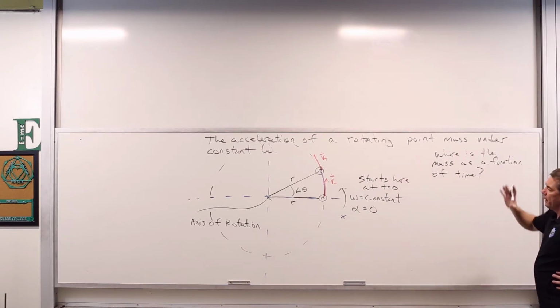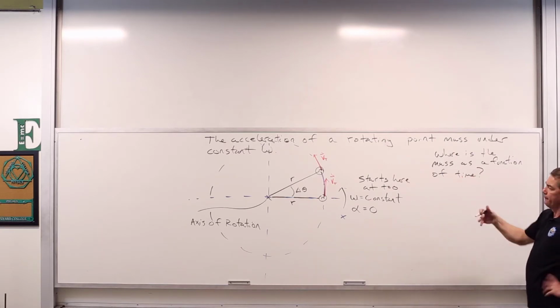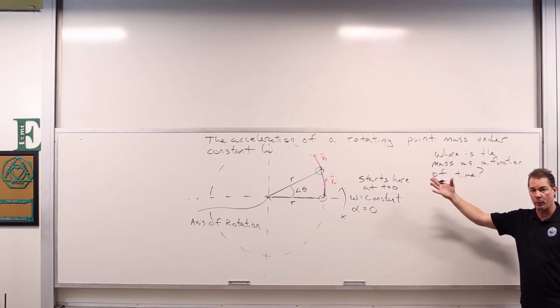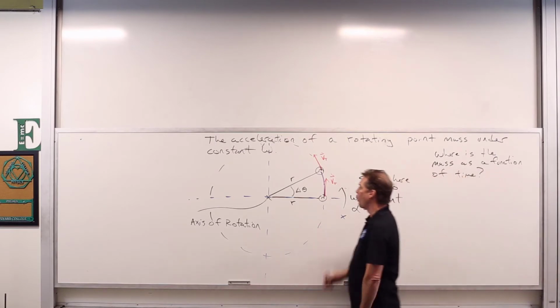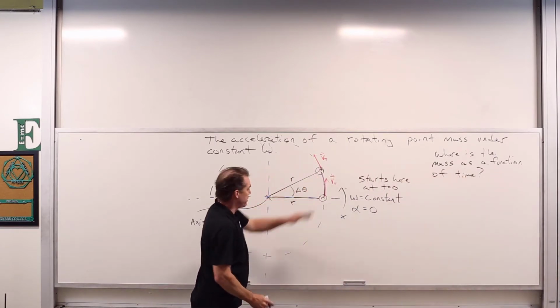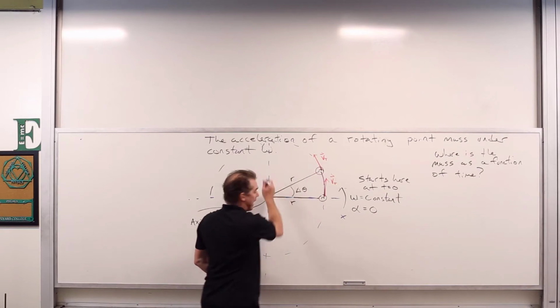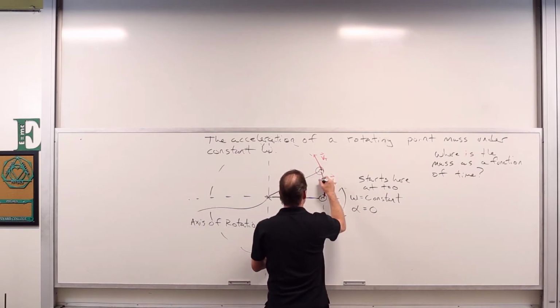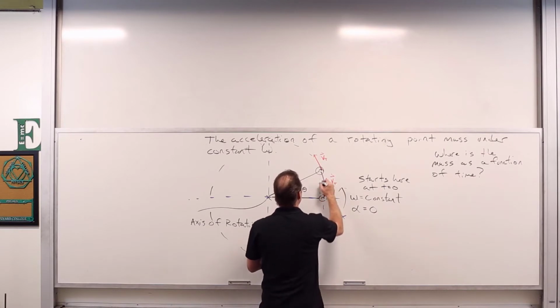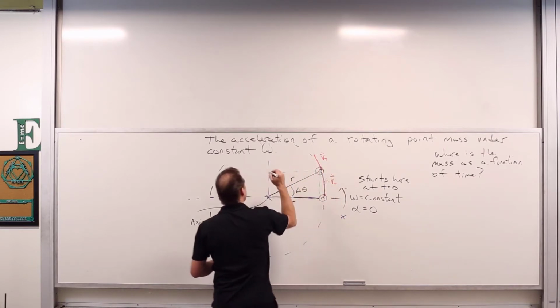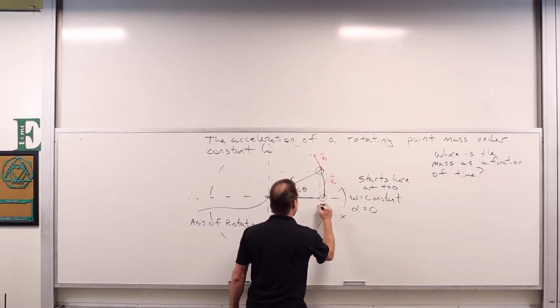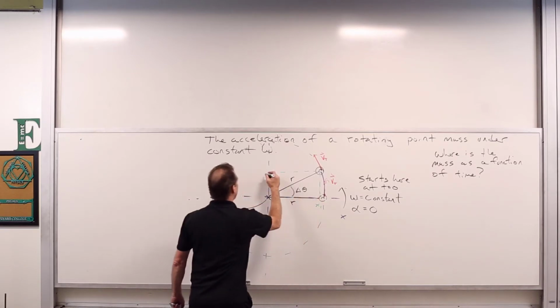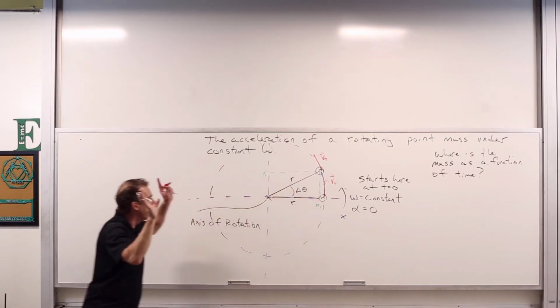Well, at any given moment in time, this object has to have some coordinates. We went ahead and threw in an XY Cartesian coordinate system. When it's at this position, it has some X and it has some Y, right? So when it's right here, we have some X value and some Y value that it occupies. We can call this just some X1 and some Y1, just to call it something.